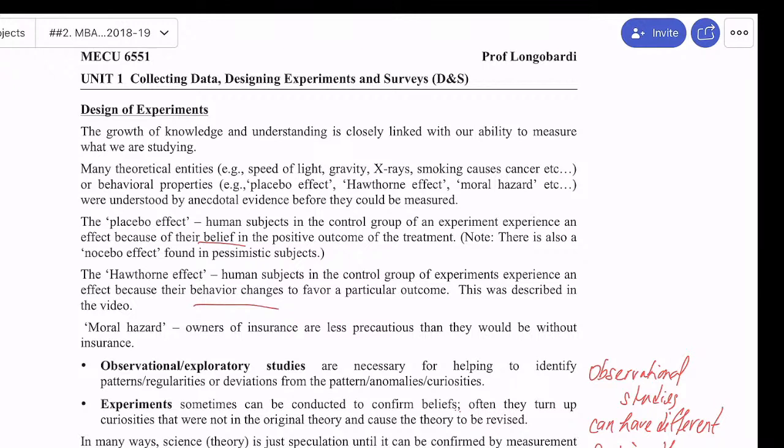where, for instance, we want to see the behavior of people with insurance. If we want to look at the behavior of people with insurance, this is more of a social science type of experiment.